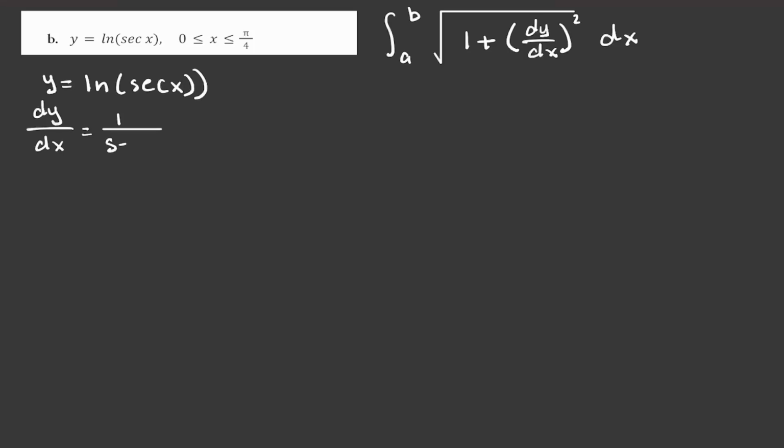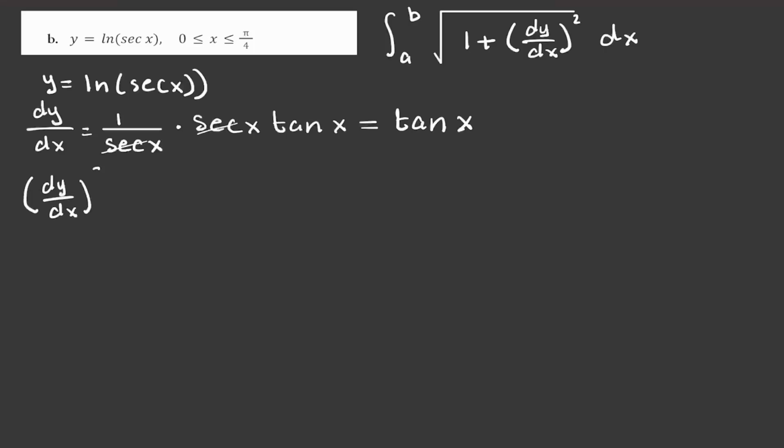On the bottom, we write the inside function, secant of x, times the derivative of the inside function, and the derivative of secant is secant x tan x. Now we can eliminate the secant, and you're left only with tan x. The next step is squaring the derivative, so that gives you tan squared of x.